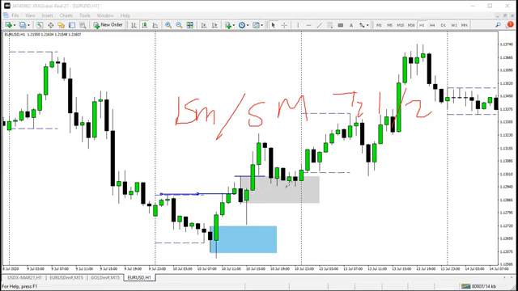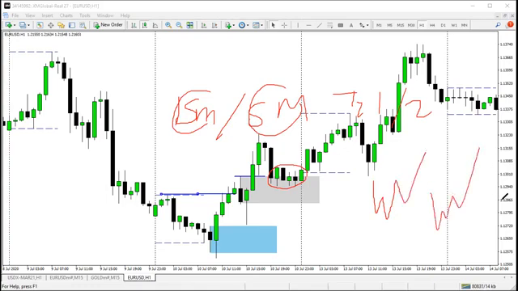So when price comes down right in here, if we go to 15-minute or 5-minute, we should see a type 1 bullish setup or type 2 bullish setup. That is what is going to support your order block.